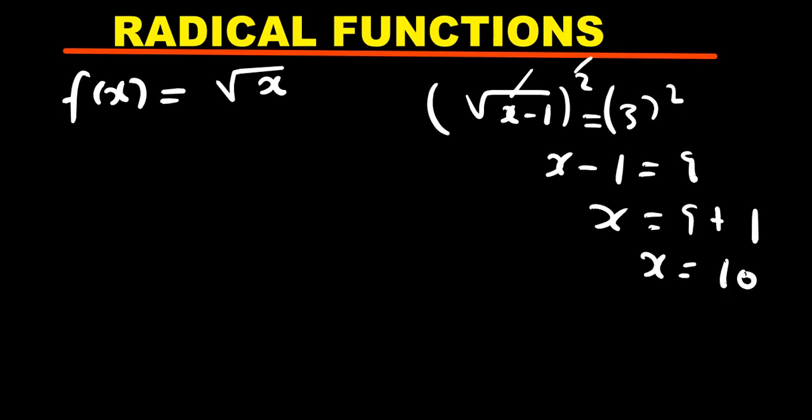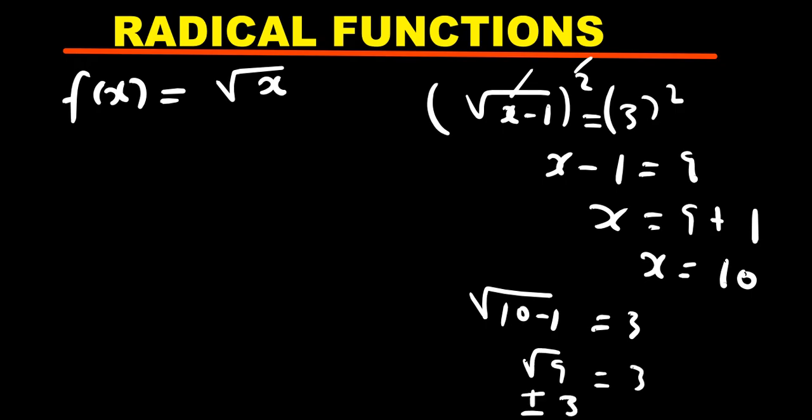So you have to check this solution. You're going to say the square root of x minus 1, with x as 10, so 10 minus 1 is 9, and the square root of 9 is equal to 3.